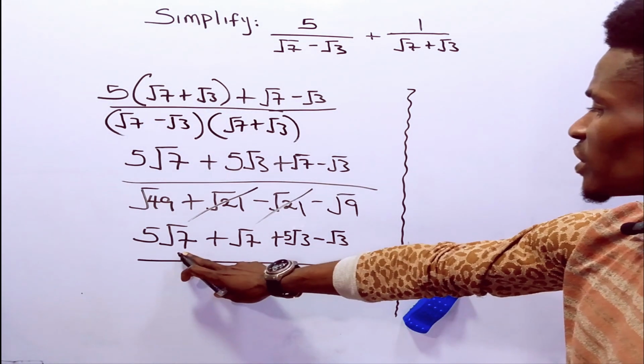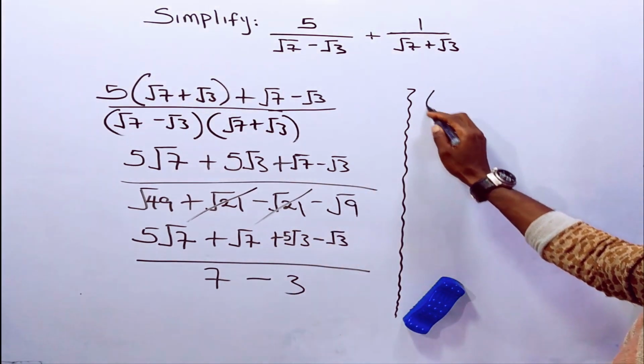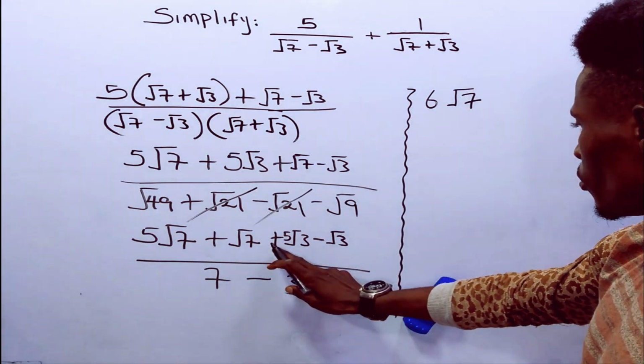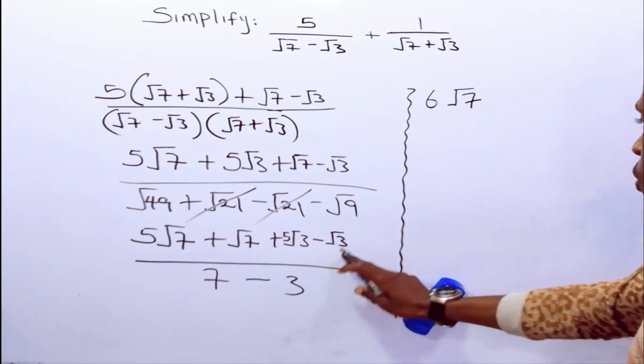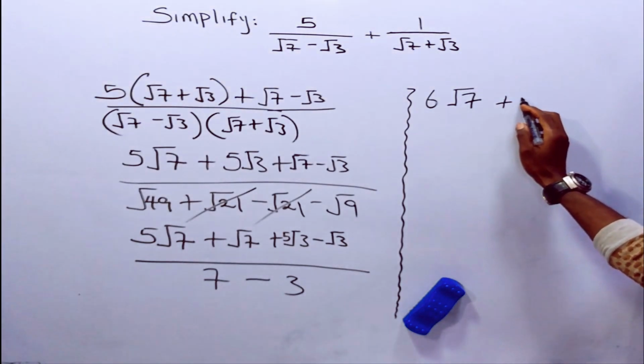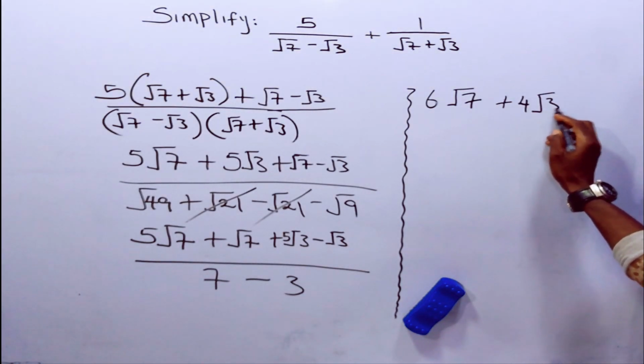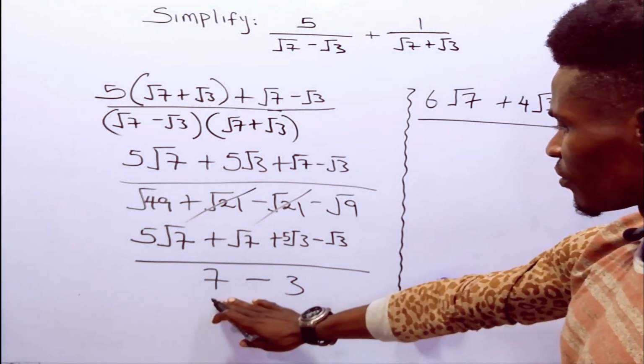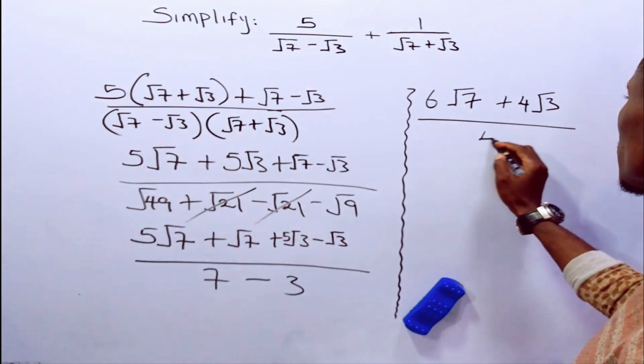Now, 5 root 7 plus root 7 is 6 root 7, plus 5 root 3 minus root 3 is plus 4 root 3, over 7 minus 3, which is 4.